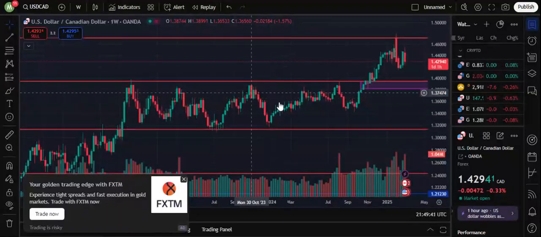So as you can see, let's go down to the daily candlestick, the daily time frame.